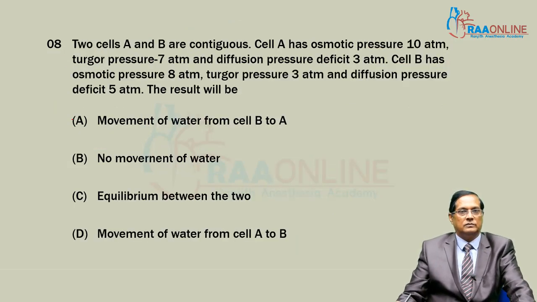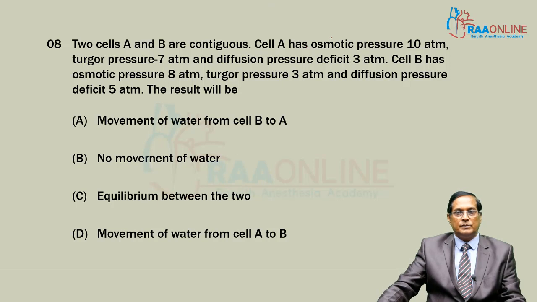Question 8 now. Diffusion pressure deficit. Check the diffusion pressure deficit of cell A. Cell A, DPD is 3. Cell B, DPD is 5.